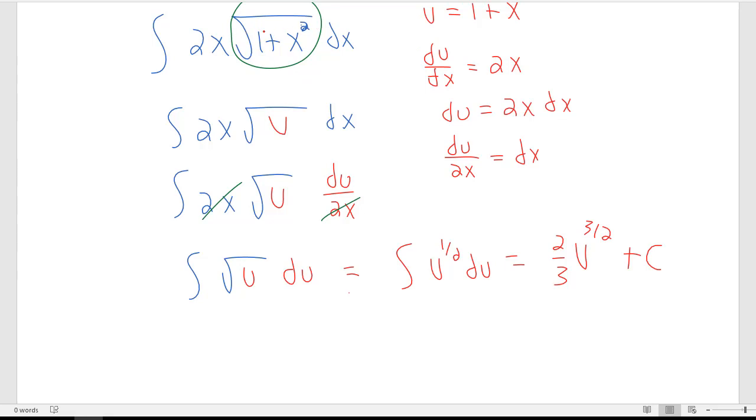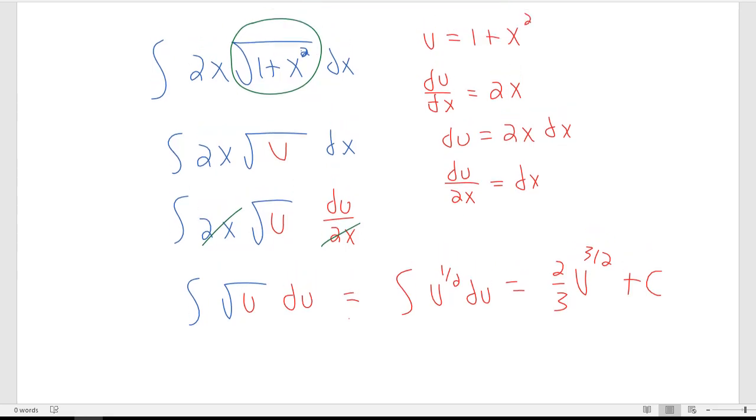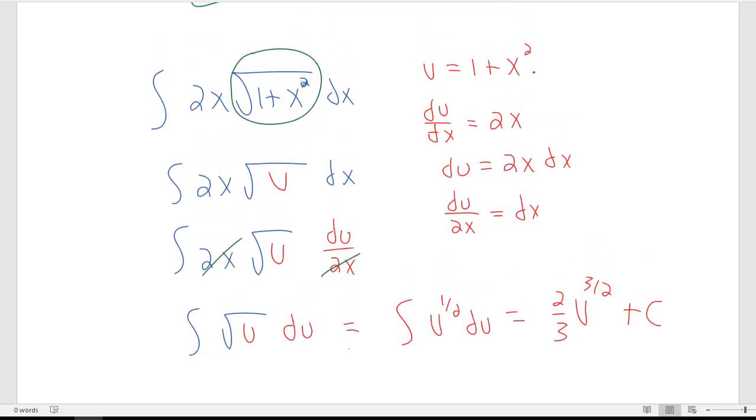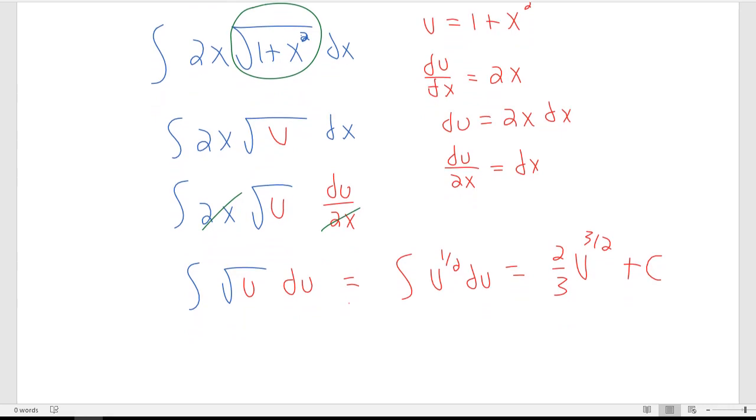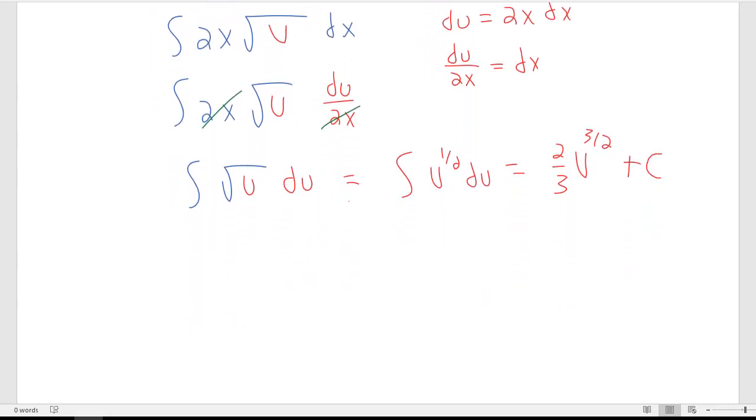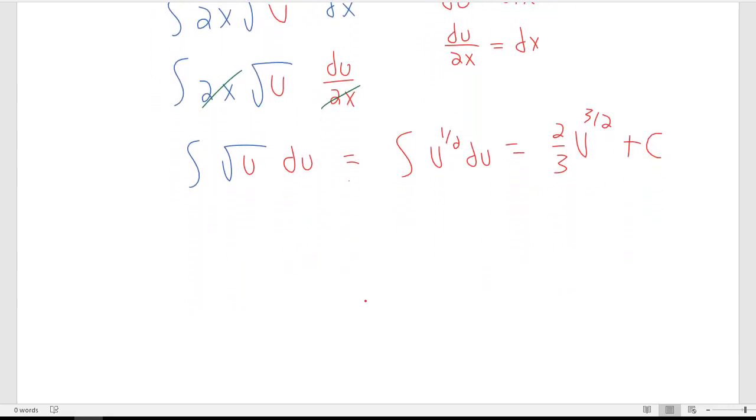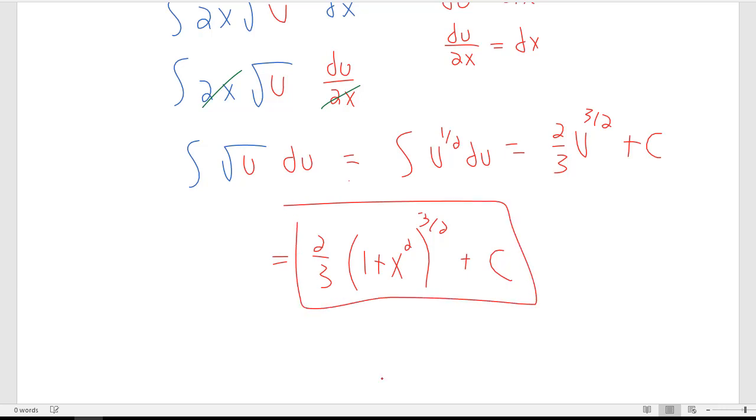We let u be 1 plus x squared, and I'm going to replace that back into my antiderivative of my u variable. So my last final answer here would be to say 2/3 times 1 plus x squared to the 3/2 power. And then there is our final answer in terms of the x variable.